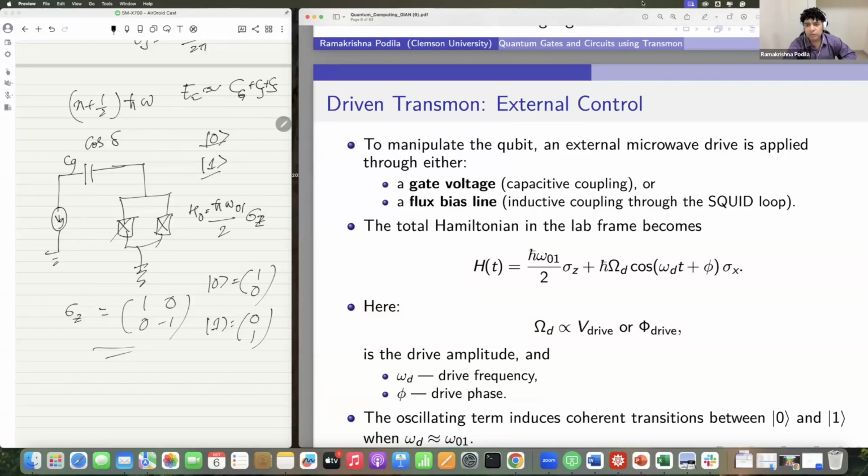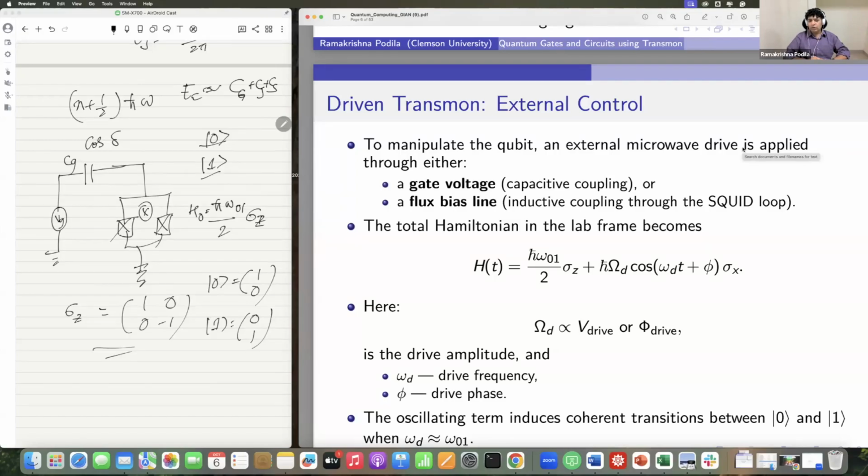So we have an external control, right? We use a gate voltage, or we could use a flux when we're using the SQUID loop. So you can apply a magnetic flux through the SQUID, and the way you apply the magnetic field is using current.